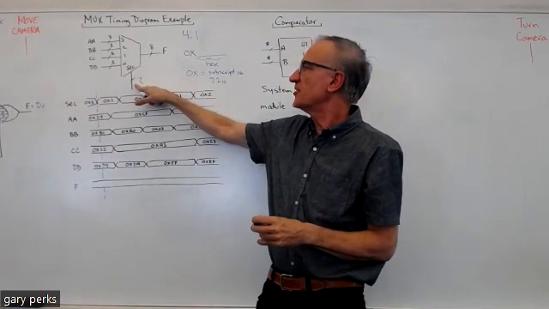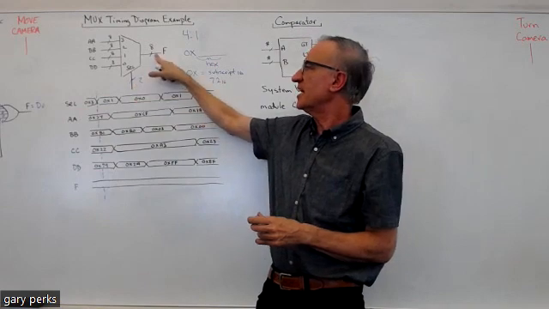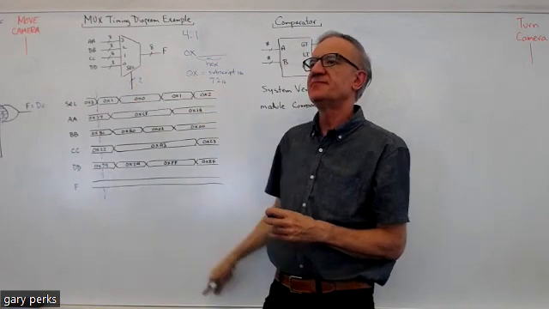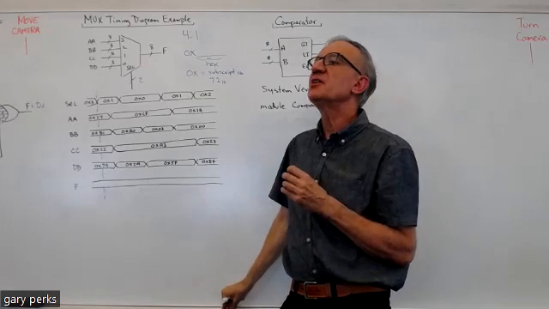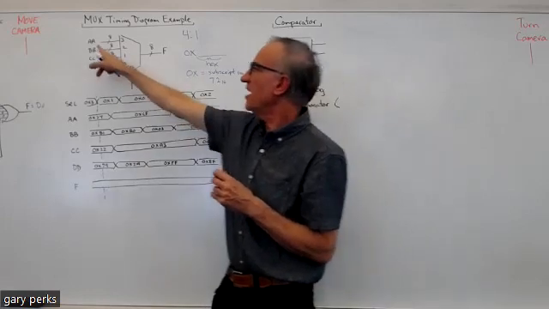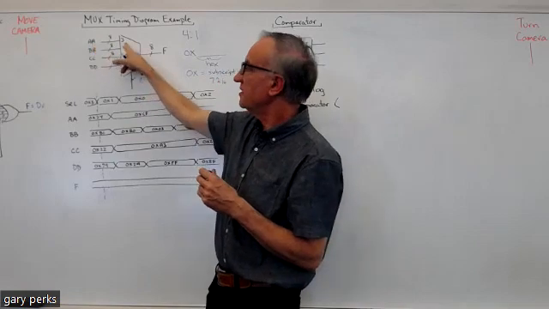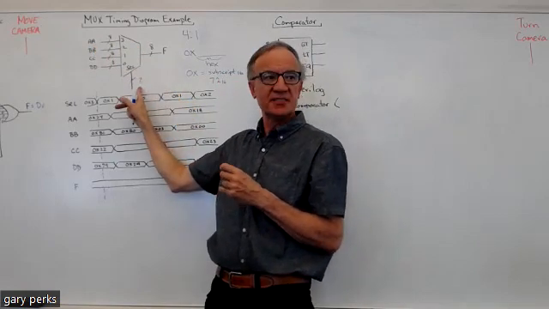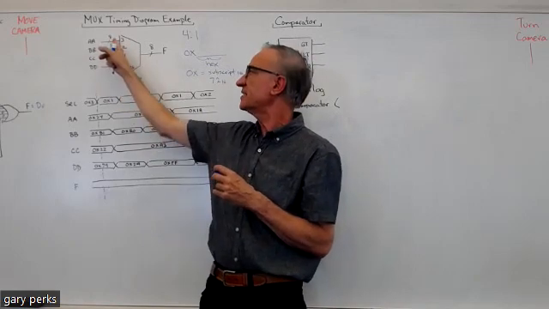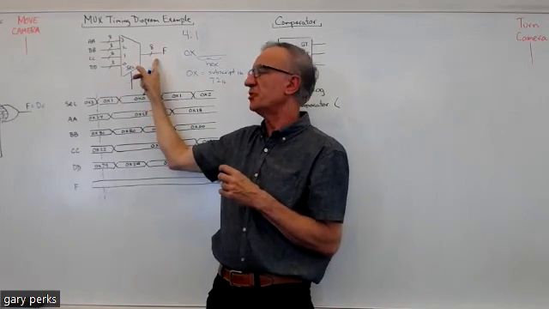If we have a 3 on our select input, what data is going to be at the output? Which one of those 4? AA, yeah, because AA is connected to input 3. So when the select input equals 3, it connects the data on that input to the output.